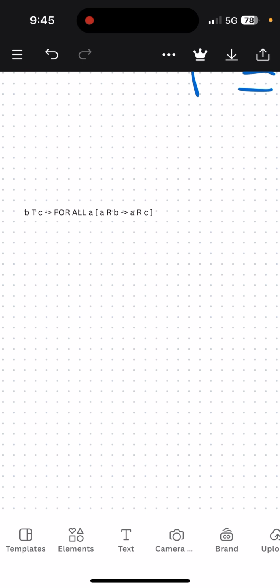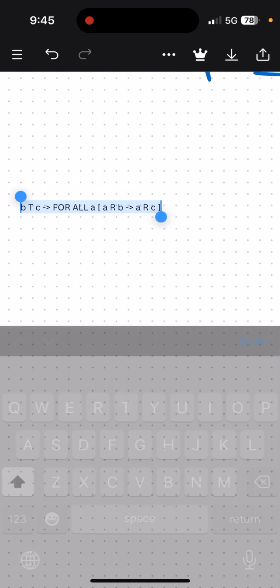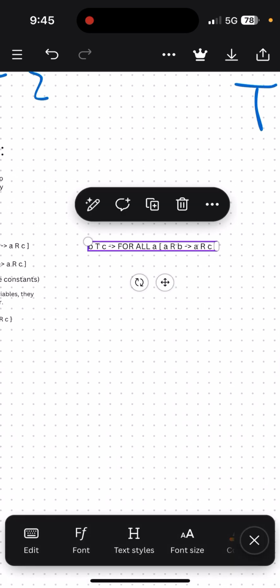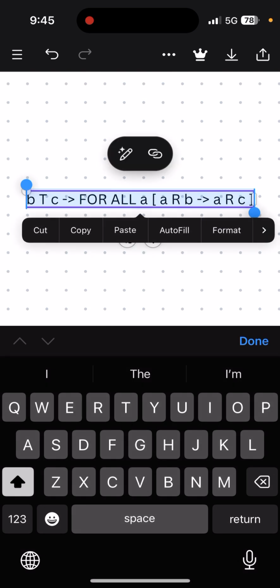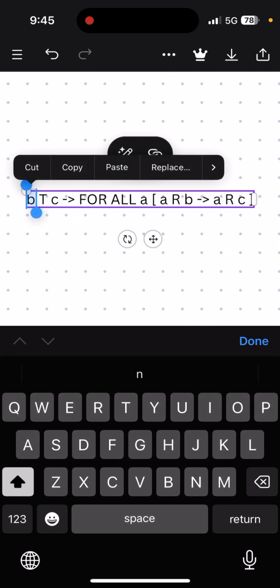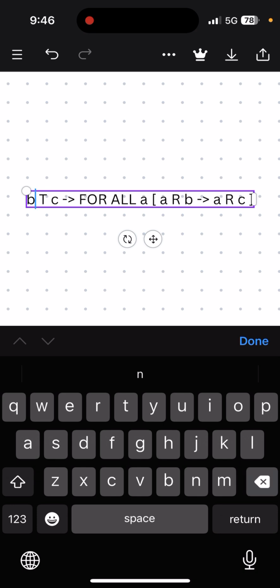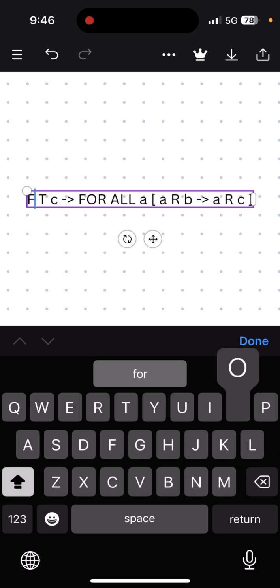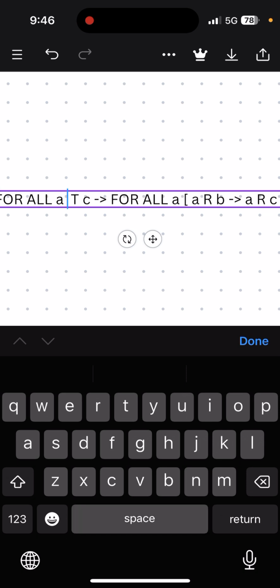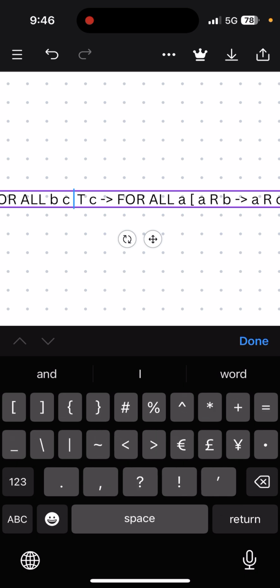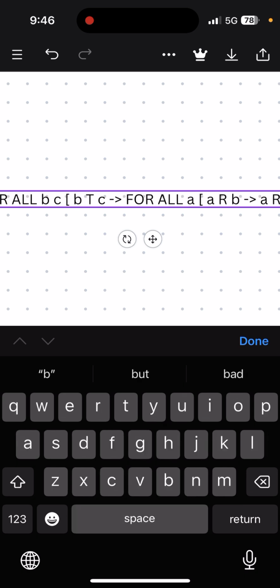And I guess we have to say for all here also. And again, there are so many small details that I need to learn and get way better at, which is just what I'm realizing while I'm doing this. So for all A and C, for all B and C, BTC implies that for all A, ARB.